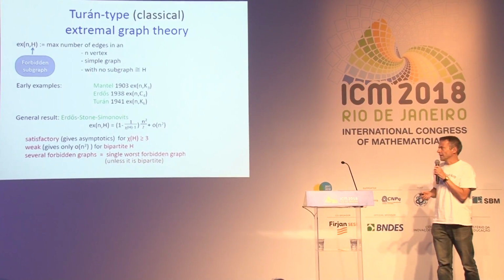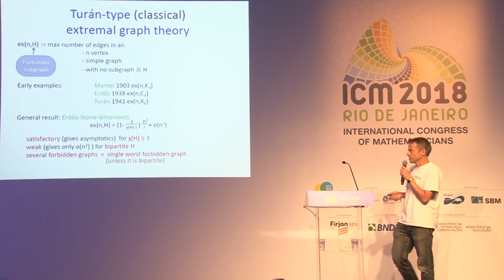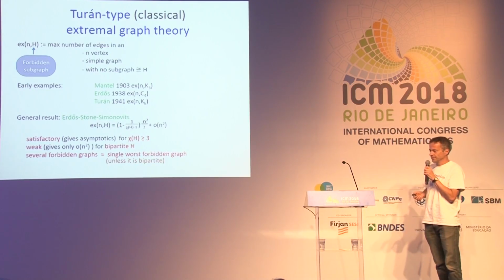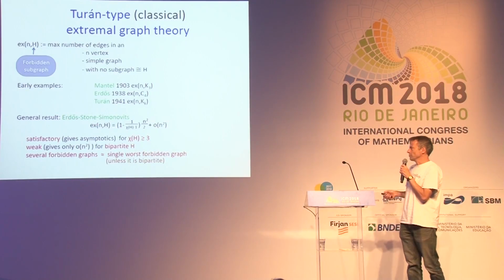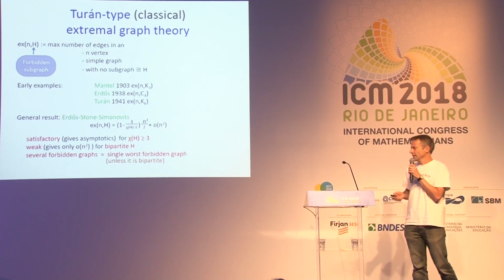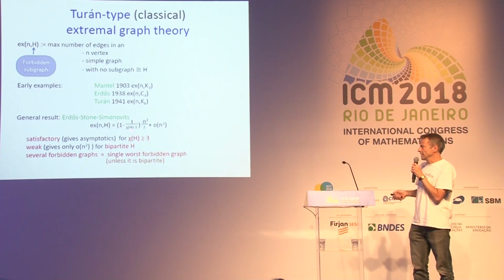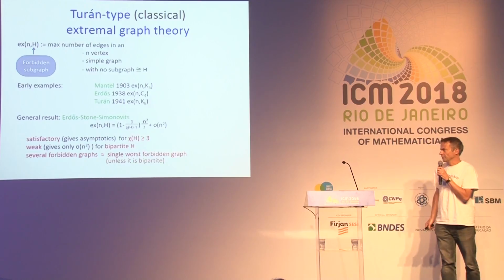The most general result in Turán-type extremal graph theory is the Erdős–Stone–Simonovits theorem that gives a formula for the extremal function for any graph. For the formula, you only need to know the chromatic number of the forbidden graph.